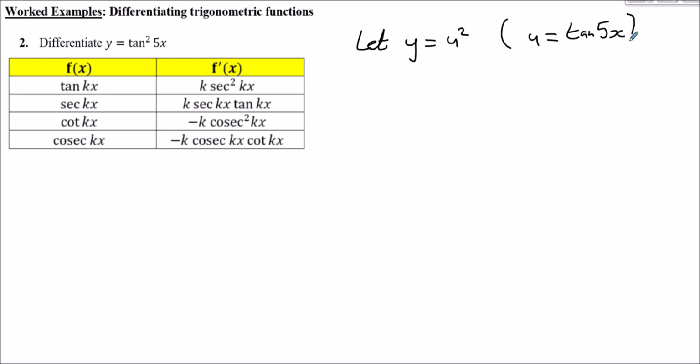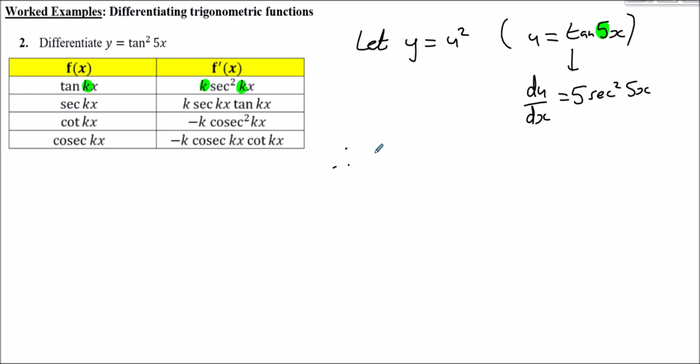So if u is tan 5x, we can use this result here with our k value being 5 to work out what du by dx is. So just looking at the top line here, with our k being obviously 5, then differentiating tan of 5x will give us 5 sec squared 5x. So therefore, du by dx is going to be 5 sec squared 5x.